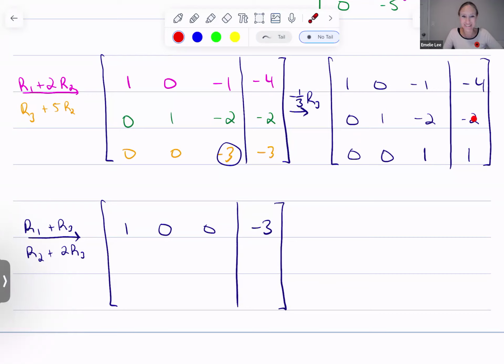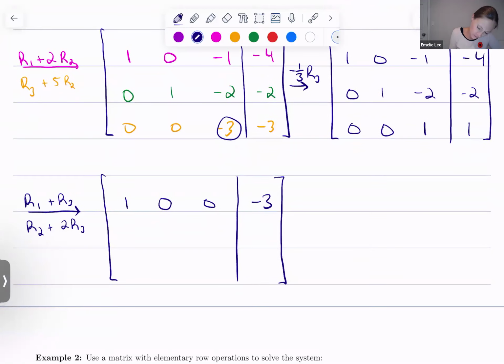I did it the wrong way. -2 plus 2 times 1, yeah, makes 0. Those were unchanged. Then row 3 is unchanged.